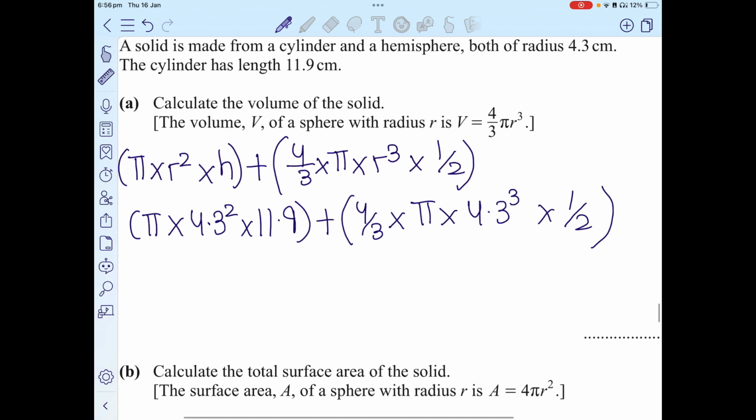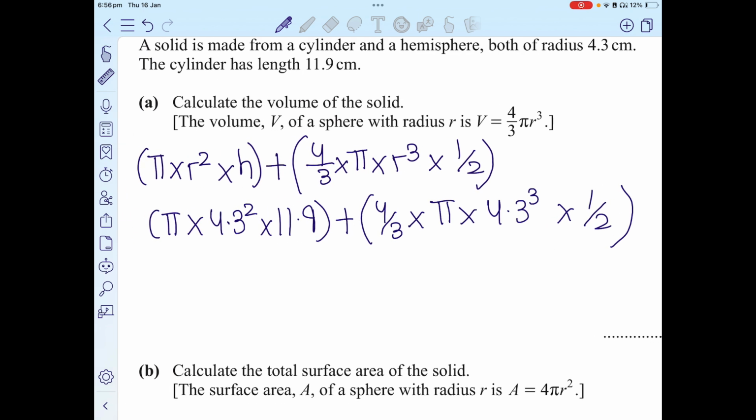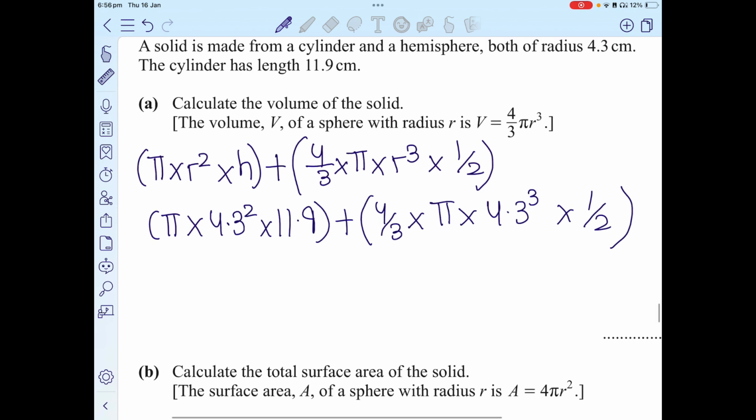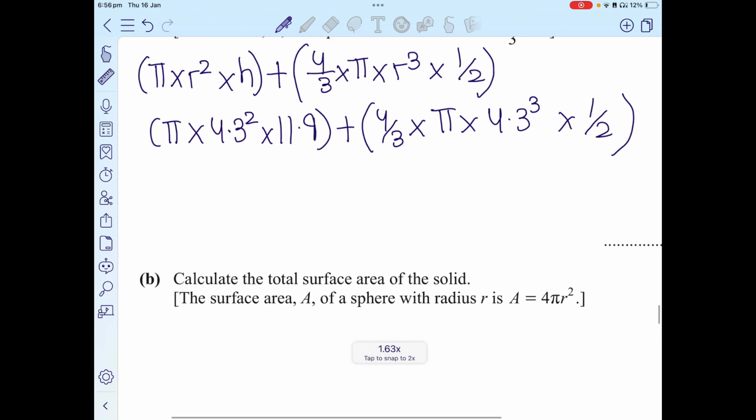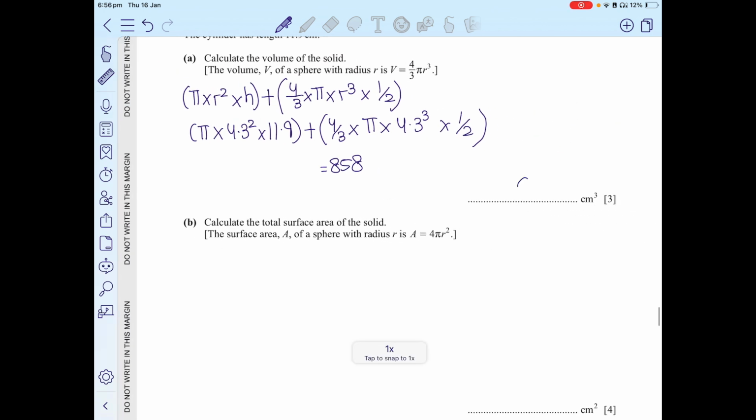Now you simply take your calculator, pi into 4.3 squared into 11.9 plus 4 by 3 into pi into 4.3 cubed into half, and therefore you would get 857.7668446, which you can round off to 858. 858 is your final answer, 858 centimeters cubed.